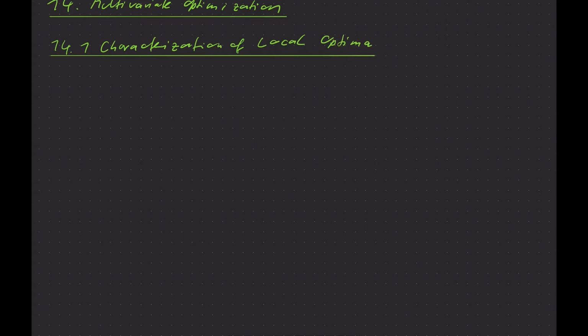Now, before we characterize local optima, before we find criteria for what a local optimum could be, we first have to define precisely what we mean by a local optimum. So we'll do just that. That is the first definition of that section.